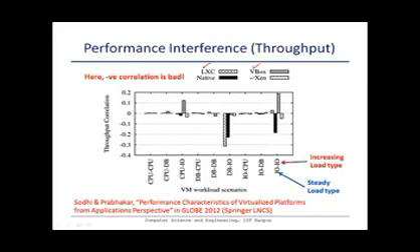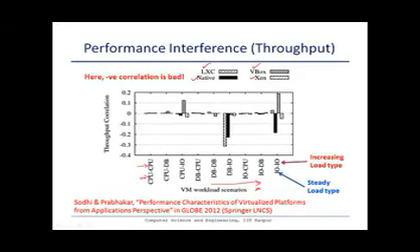Similarly, a database engine represents a mixed type of load, a mix of IO intensiveness and CPU intensiveness, and so on. Then we are trying to measure the correlation for the performance metric of throughput. That is, as the load on the second virtual machine increases, how does the throughput get impacted on the other virtual machine.